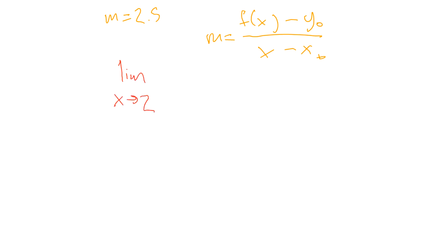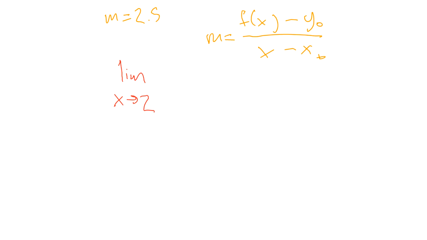So we know that we have our f of x minus y naught over x minus x naught. When we take a limit, that's essentially saying we're getting infinitely close to that number. So we're going to get very, very close. So what we're going to say is we're going to take the limit as x approaches 2. Since that's essentially saying we're getting as infinitely close to 2 as we possibly can of this value.